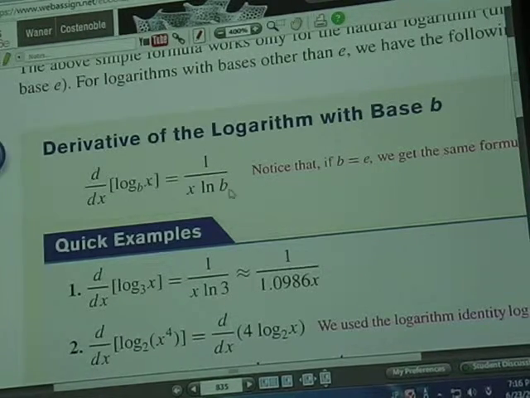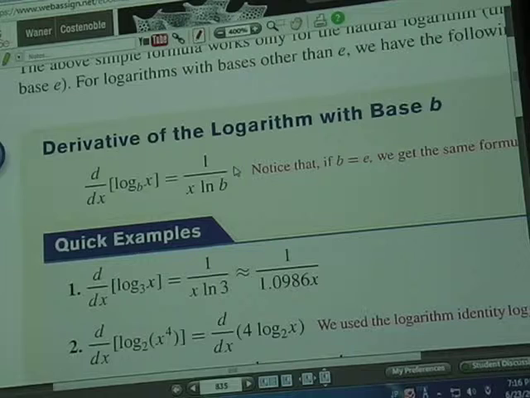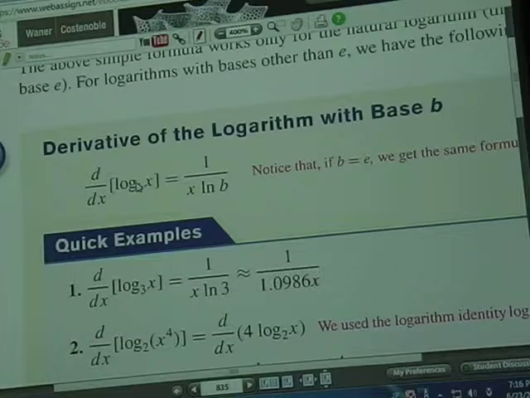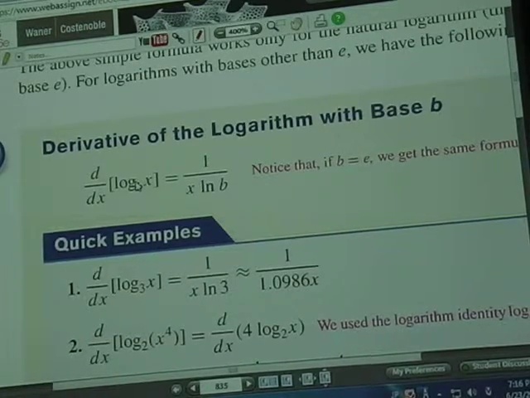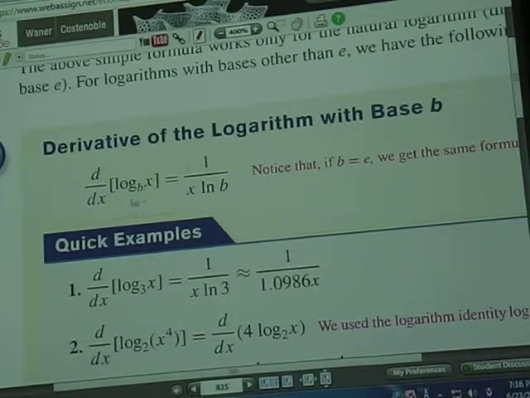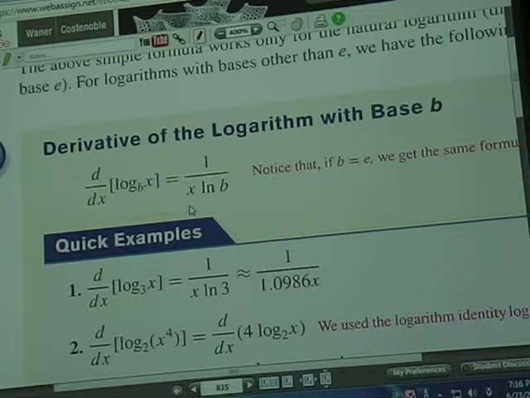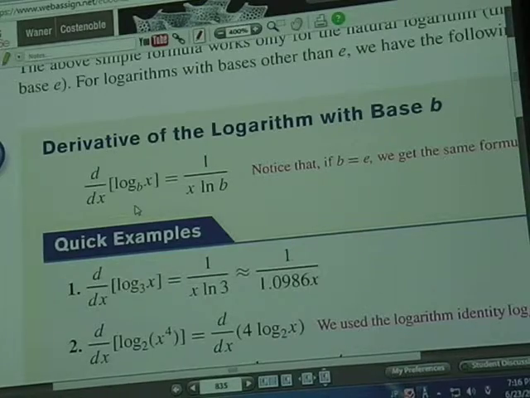So anyway, this is a generalization of the other rule. This is more general than the ln rule, right? Because when b is equal to e, it gives you the derivative of ln of x.